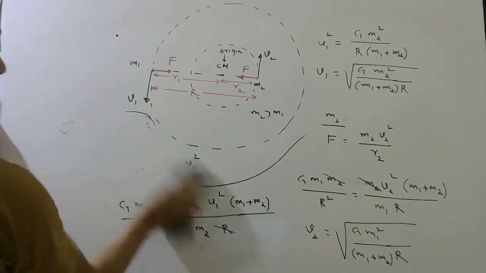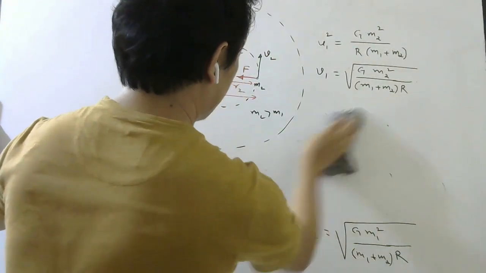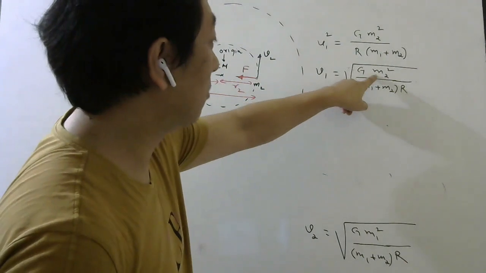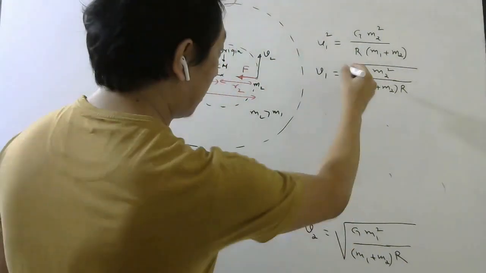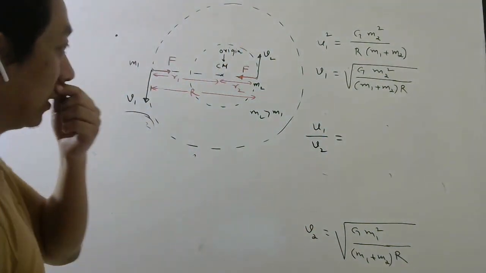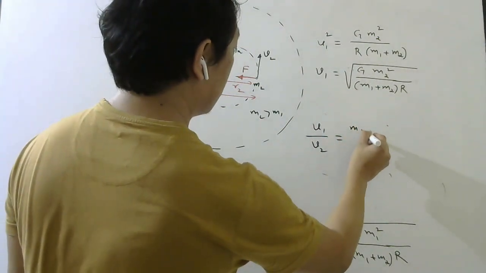Now, keeping these formulas in mind for v1 and v2, are v1 and v2 the same? No, it is not the same. This is m2 square, this is m1 square. So it is not the same at all. In fact, if you calculate the ratio of the velocities, everything here will cancel. I will get m2 by m1.